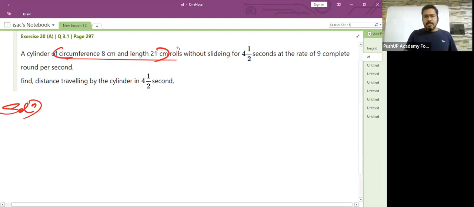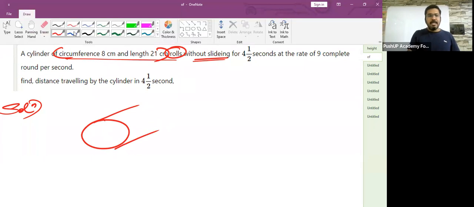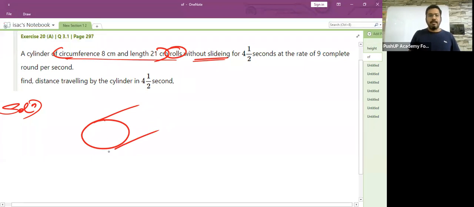So it rolls without sliding. Now, what is the meaning of rolls without sliding? Imagine, children, this is the cylinder, okay? Now, when I say the cylinder is rolling without sliding, imagine the cylinder was placed over here. So at point A, somebody pushed this cylinder from back.